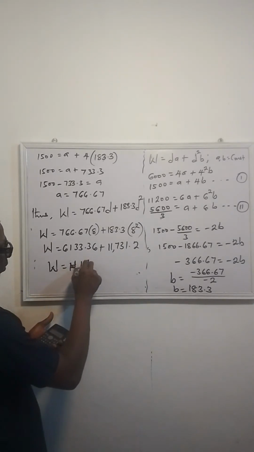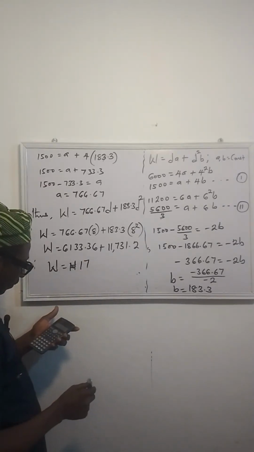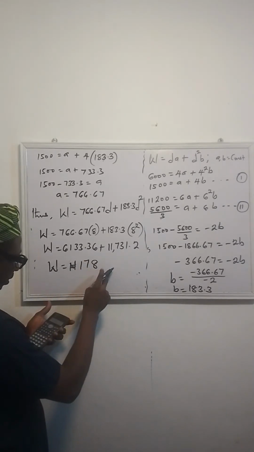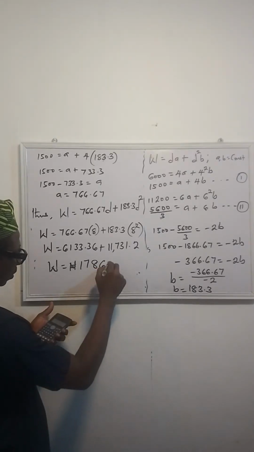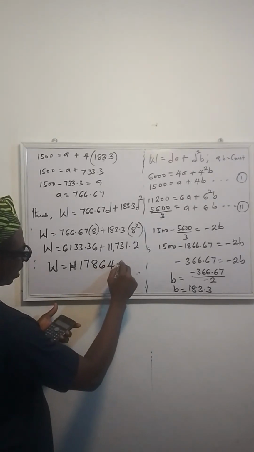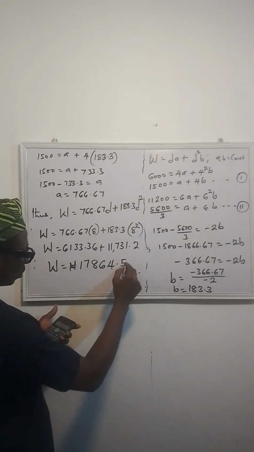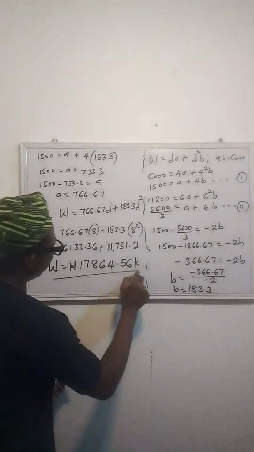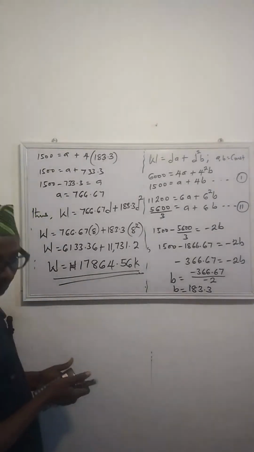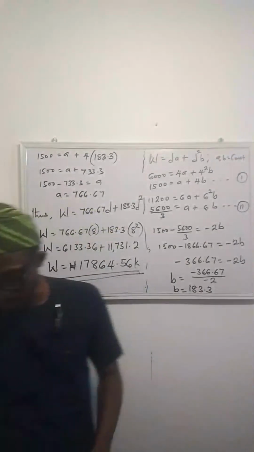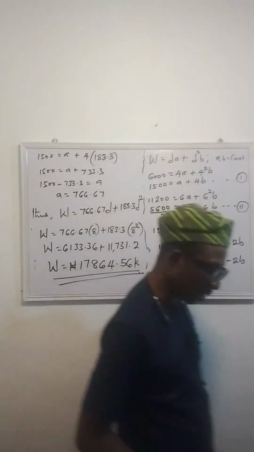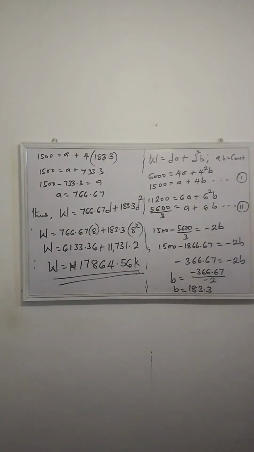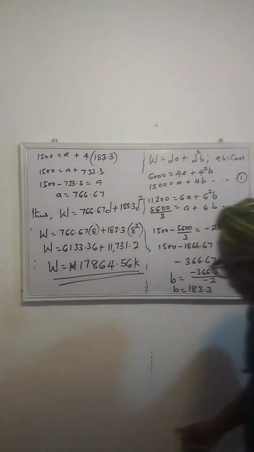So this is going to be the wages for 8 days. All right, so that is the solution to the problem we just have on the board. I want to believe we all get that.